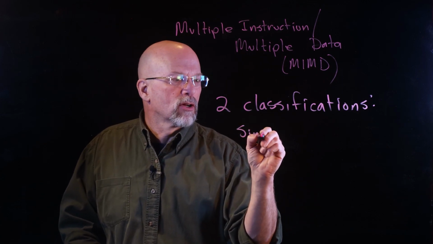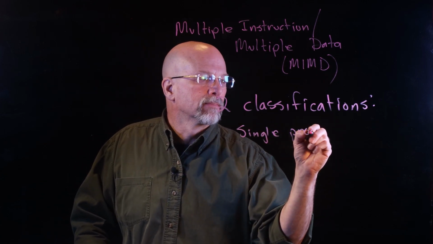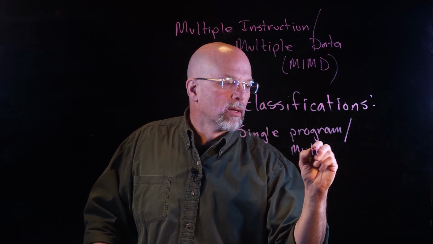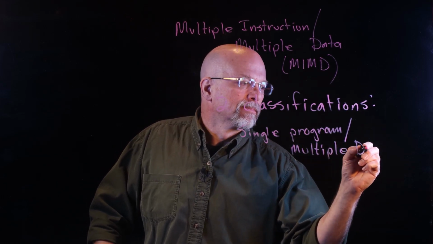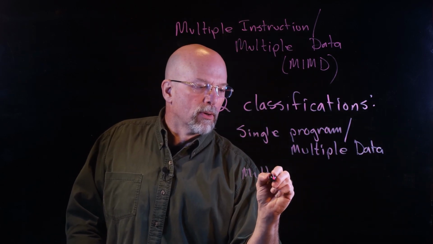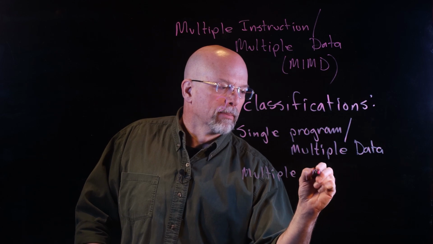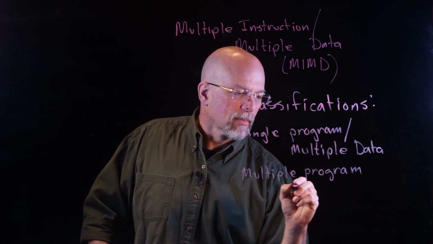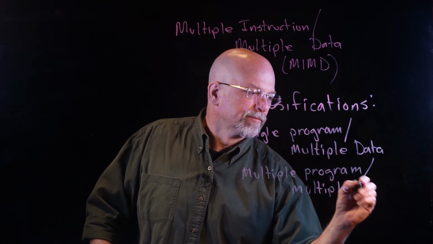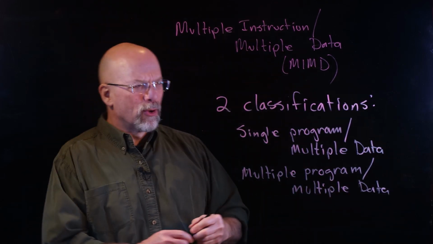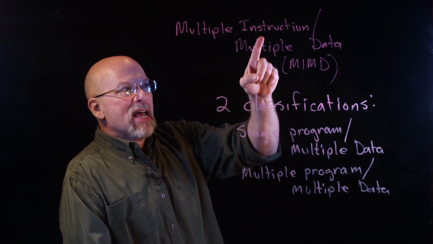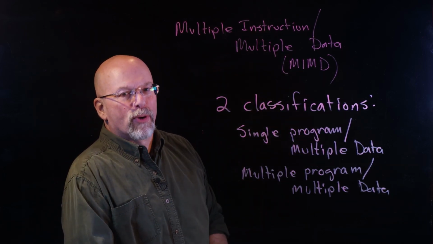There's single program, multiple data, and then there is multiple program, multiple data. Some of you are looking at this thinking, this doesn't look a whole lot different than this. It's the instruction versus the program.